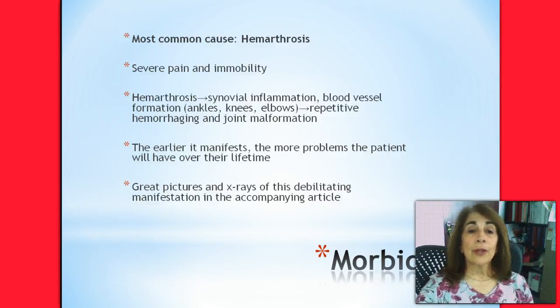The earlier that hemarthrosis manifests, the more problems the patient will have over their lifetime. And that seems to be intuitive. The sooner it starts, the more damage there's going to be. If you look at the article, there are some really good pictures and x-rays of hemarthrosis and the debilitating manifestations that it causes.